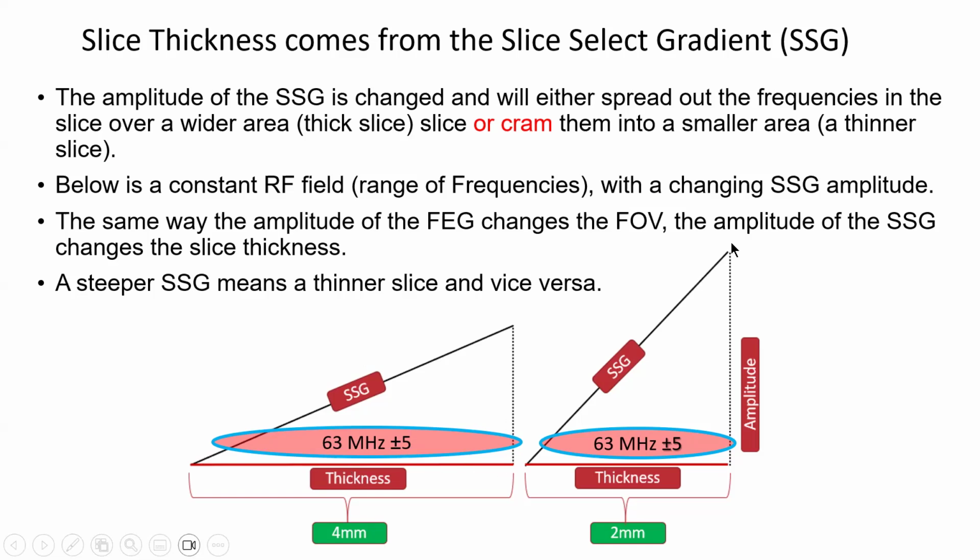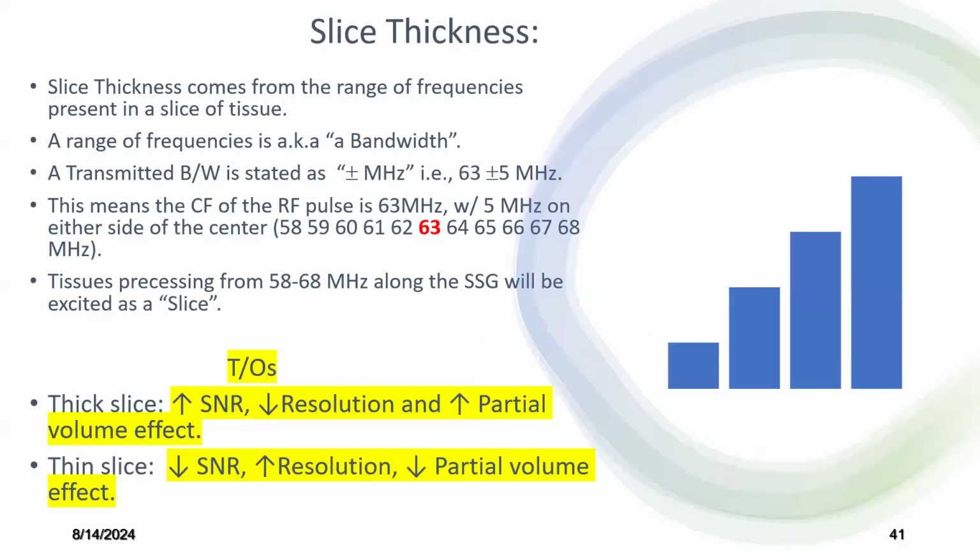If you use a high amplitude slice select gradient, you're cramming all those frequencies into a smaller cross section. You get a thinner slice. So this is just a visual on what the slice select gradient will do for you. And so when you change slice thickness, this is what the scanner is more than likely doing.